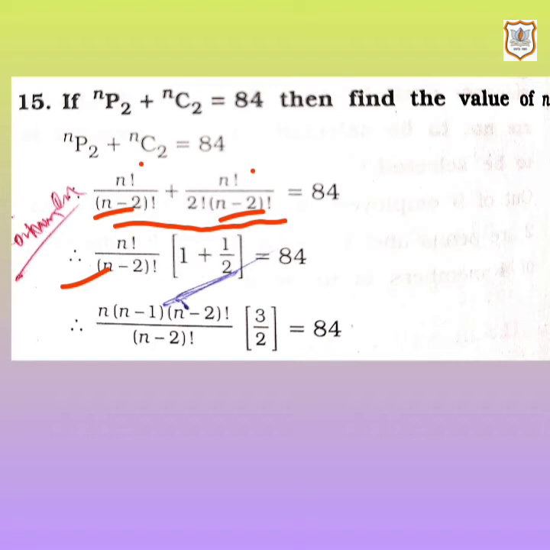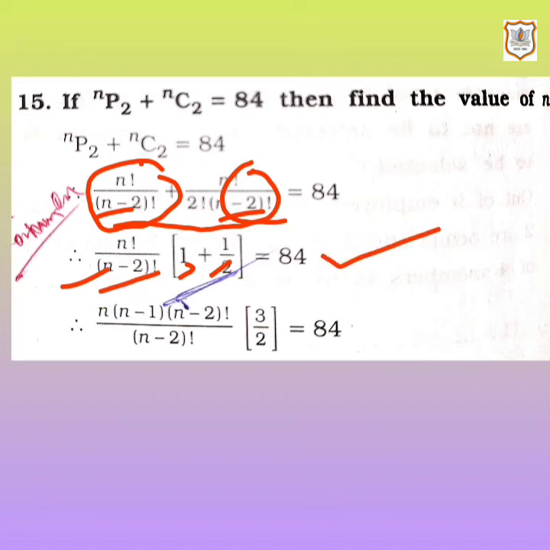What remains is 1 here, and as this whole is taken in common, here it remains 1 by 2, is equal to 84. In the next step, n factorial upon n minus 2 factorial can be written as n into n minus 1 into n minus 2 factorial upon n minus 2 factorial. So n minus 2 factorial and n minus 2 factorial will be cancelled.